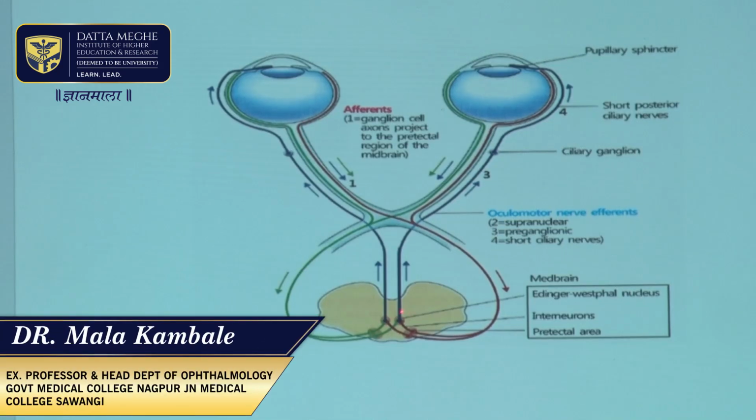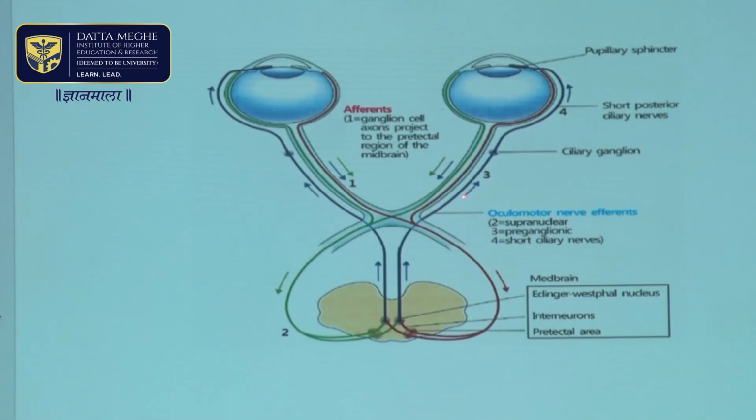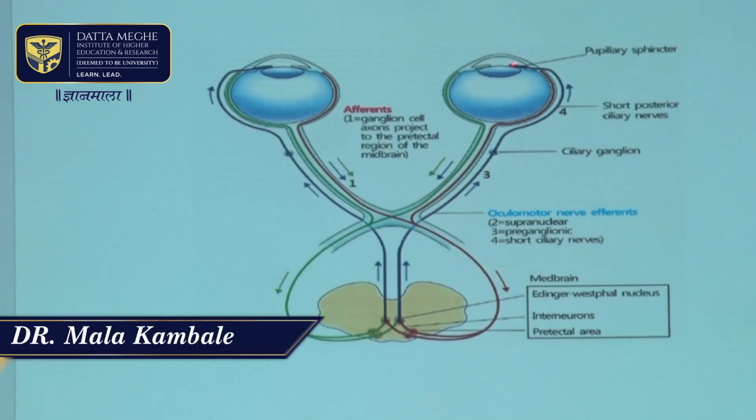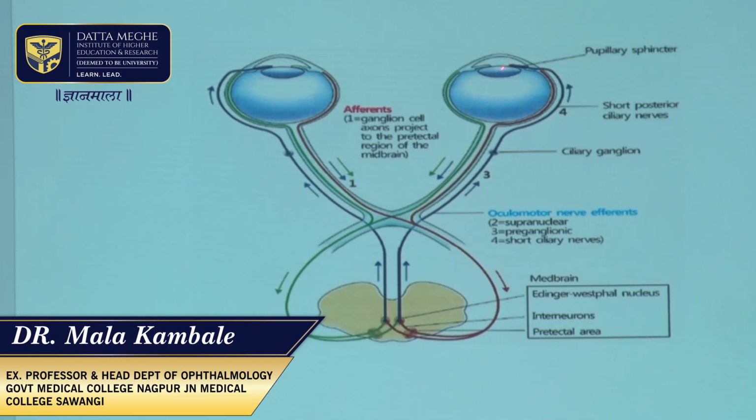So, the third nerve carries impulses towards the eye and makes a synapse in the ciliary ganglion. From the ciliary ganglion, the postganglionic nerve fibers start, known as the short posterior ciliary nerves, supplying the sphincter pupillae muscle, and when this reaches the muscle, the pupil constricts.